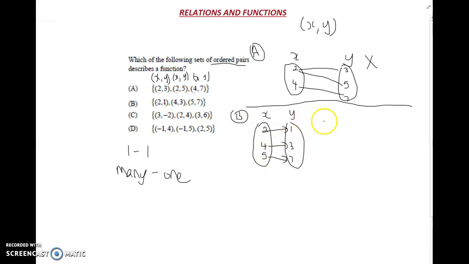Right away we could stop because this is one-to-one. And we know one-to-one is a function. And that's it. We don't need to go any further. Once you get your function, that describes that these ordered pairs describe the function, and that's it.